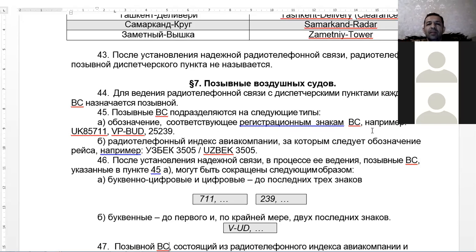But all this shortening must be allowed by the controller. The controller is responsible for the shortened call sign. If there is a clearance, a permission for pilots to work with a shortened call sign, then pilots can use it. 711 may be Victor Uniform Delta, etc.